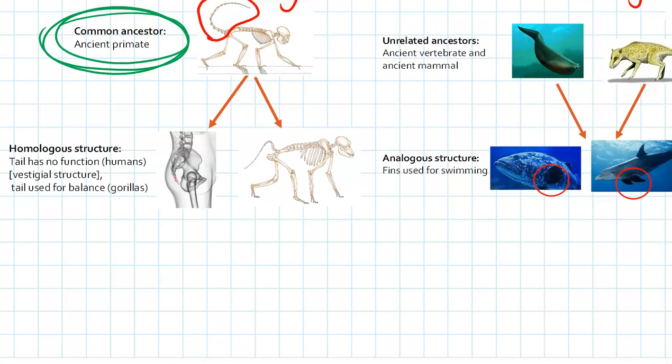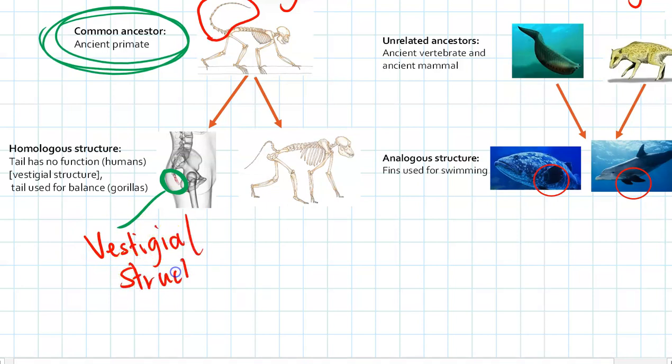In humans, our tail has evolved to basically have no function. So our tail bones have been reduced so much that they do nothing, which is called a vestigial structure. So it has no function.